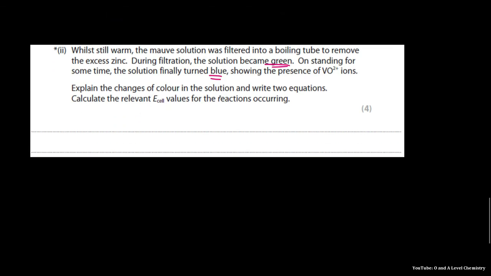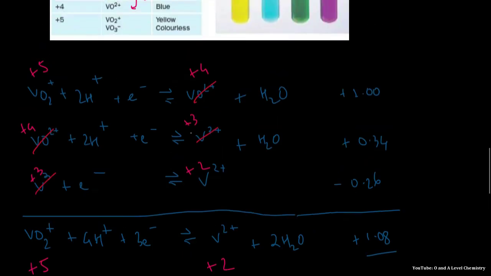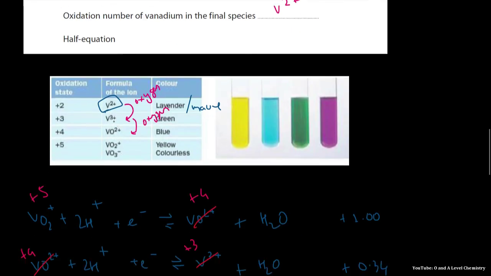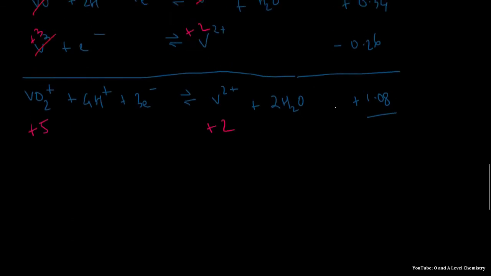So explain these color changes and write two half equations. What's happening is the V2+ is being oxidized by the oxygen to V3+. So I'm going to write the V2+ being oxidized, so it's losing an electron and becoming this.